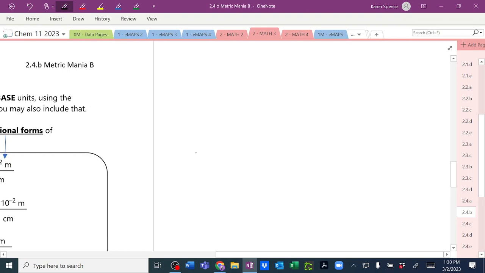We know that 1 centimeter is equal to how many meters if we use our powers of 10? Tell your partner. What's the power of 10 we would use there?